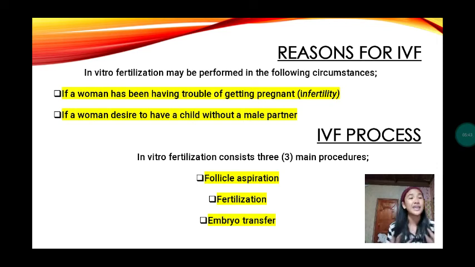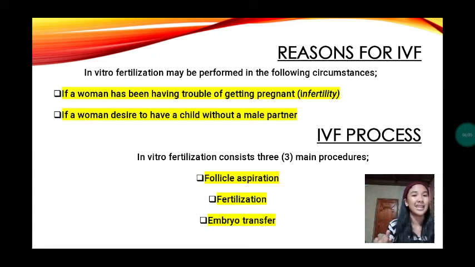So, we have here the reasons for IVF, so why we are doing in vitro fertilization. In vitro fertilization may be performed in the following circumstances. The first reason is if a woman has been having trouble getting pregnant, or for infertility.